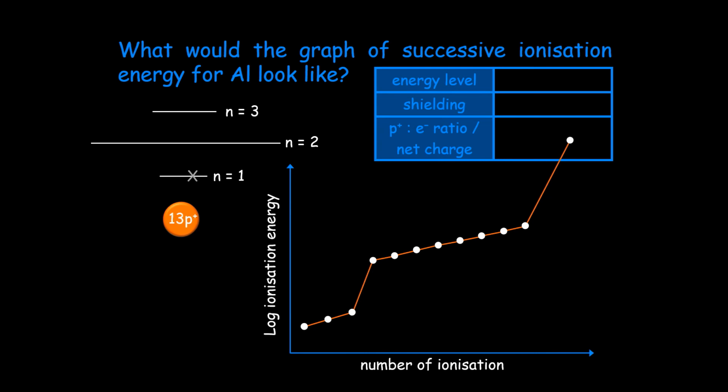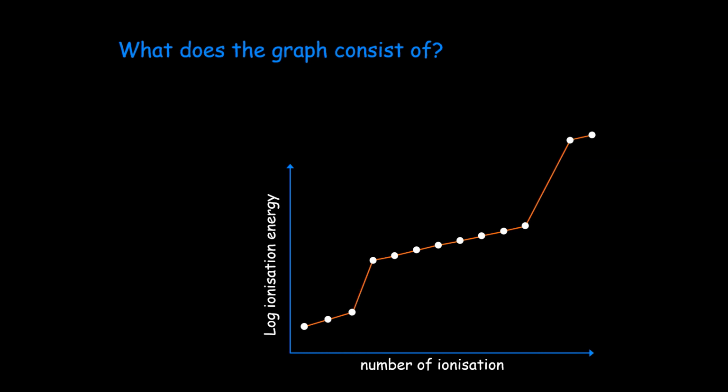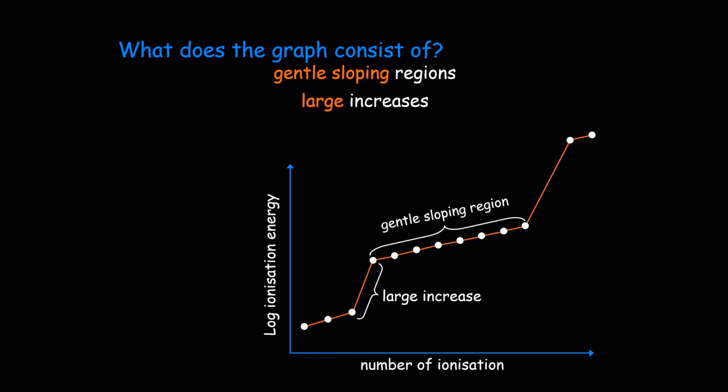Now to remove the last electron, the energy level is the same as the previous one. Shielding is the same as the previous electron to be removed. Proton to electron ratio, or net charge, has increased. So there's going to be an increase in the amount of energy required to remove the last electron. So the graph consists of a gentle sloping region and a large increase.